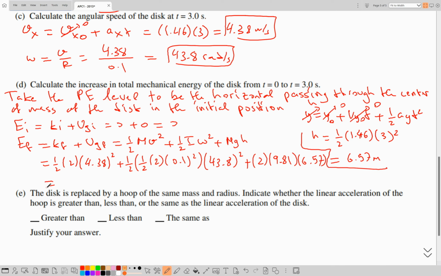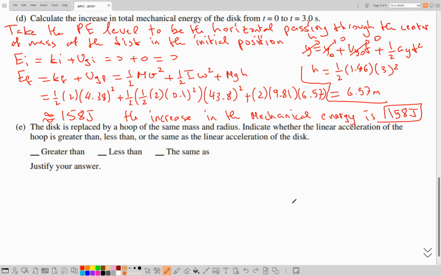Plugging that expression into the calculator, we have that the final mechanical energy is almost 158 joules, which means the increase in the mechanical energy is 158 joules.